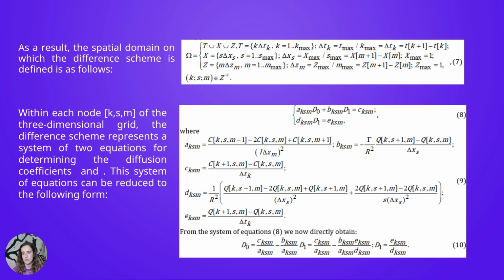The diffusion coefficients D1 and D2 are found by solving equations that describe concentration changes in time at different points. This method converts the diffusion problem into a simpler algebraic system with final formulas for D0 and D1, showing how these coefficients are calculated from concentration values and their changes in space.